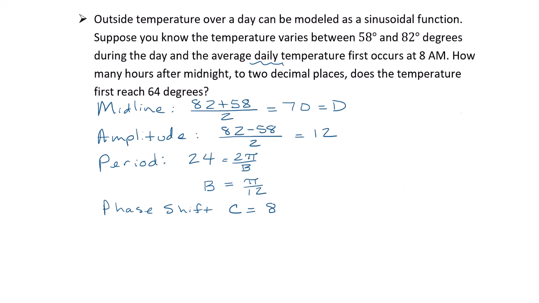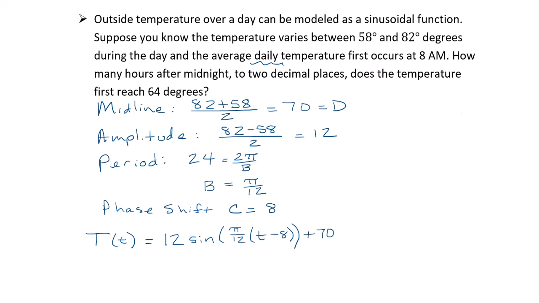So now we're ready to put all of the pieces together for our function. We have T of t, that's the temperature at time t, is equal to 12 times the sine of pi over 12 times t minus 8. And to bring this up to the midline, we add 70.